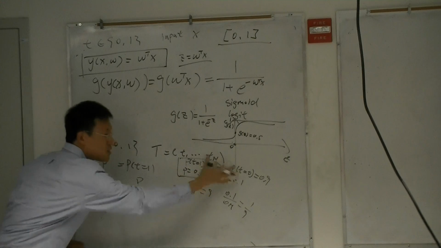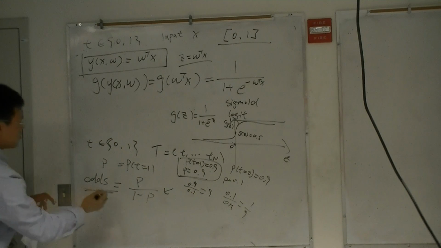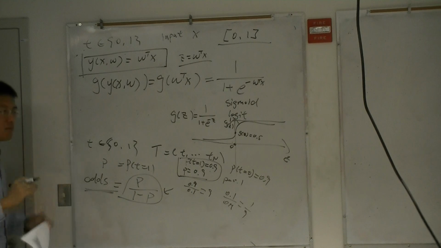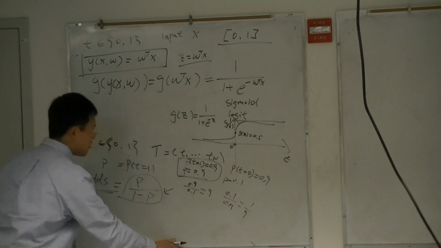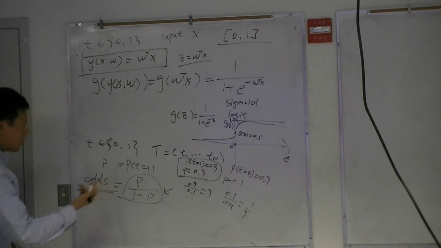In this sense, they are symmetric, right? So we hope the output is also symmetric. In this case, it's not symmetric. So what can we do?